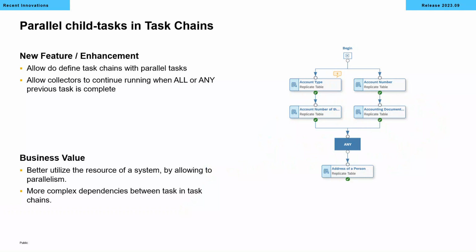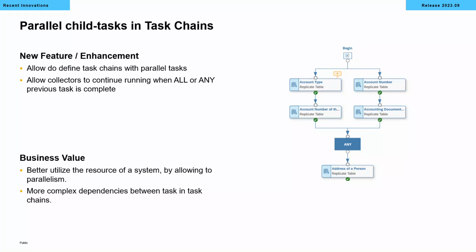And the first one is actually a long awaited one, where we now introduce parallel child tasks in task chains. So that allows you to define task chains with parallel tasks, could be two or more tasks in parallel. We also introduced collectors to continue running when all or any of the previous tasks is complete.